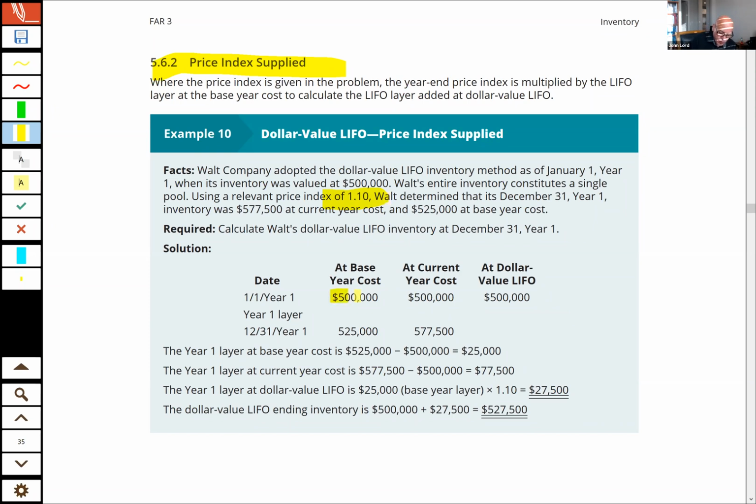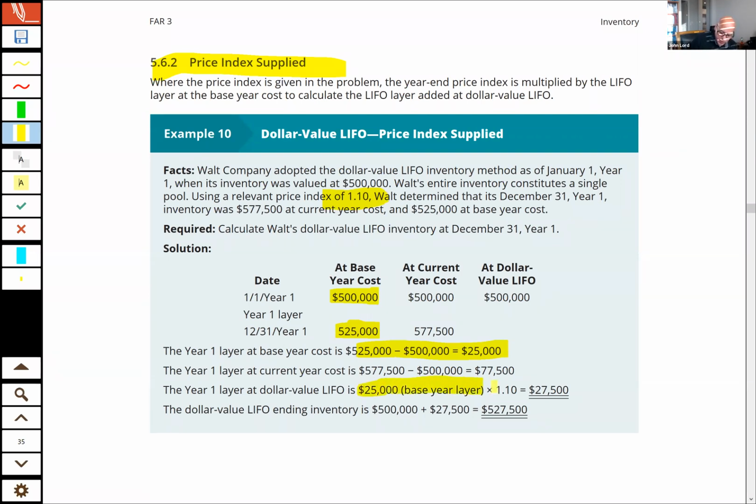Then they have to give you base year cost. Okay. And then you will see that you have added 25,000 at base year cost, but now you need to turn that 25,000 into current year.